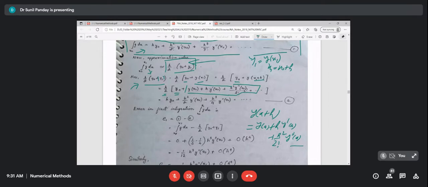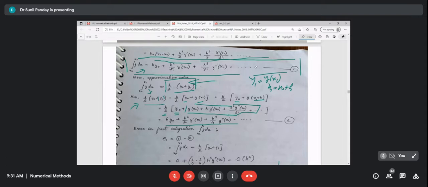We get this kind of expression, and then we multiply by h by 2, and finally we have this. The approximated value is given by this, and the exact value is given by equation 2.